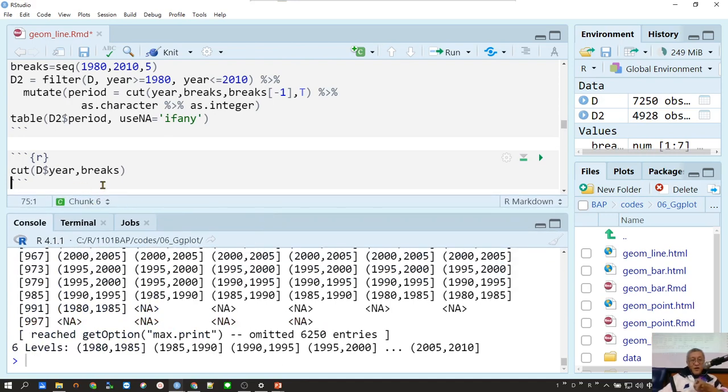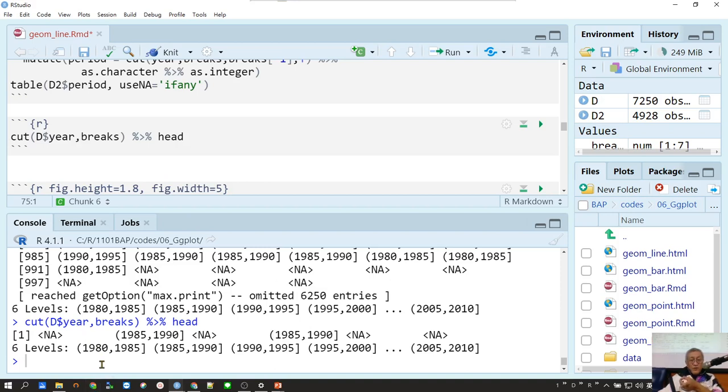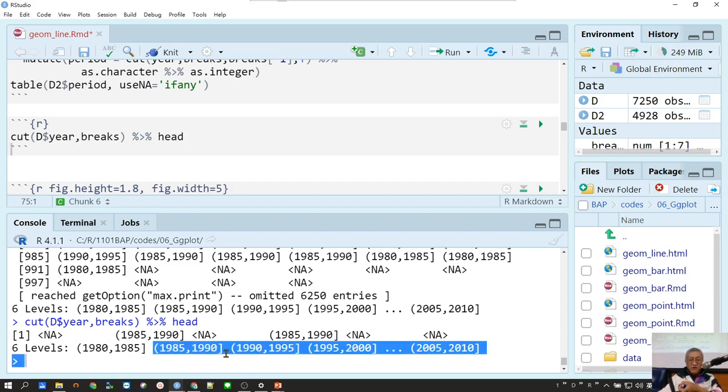See, if I simply do this, the thing that it returns is something like this, right?